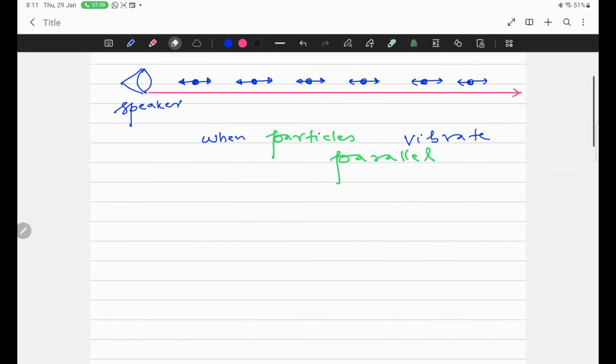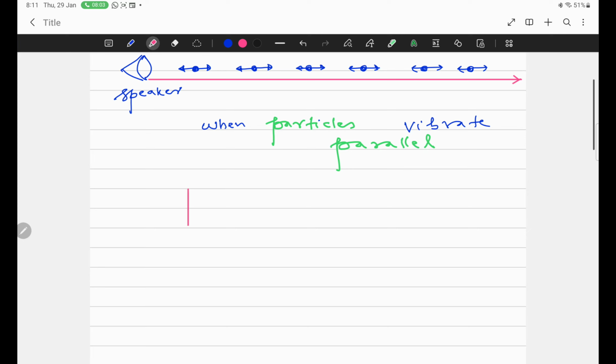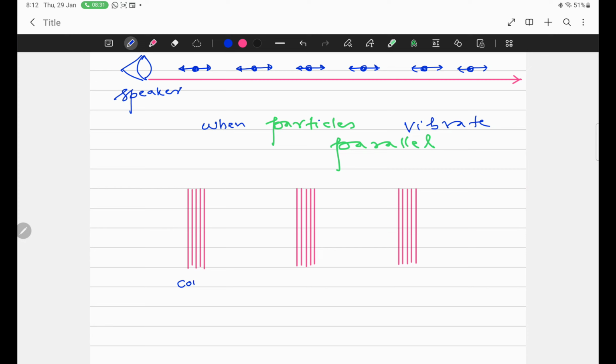But in your IGCSE, I have seen the diagrams which are given in exams. They draw like this. If the lines are drawn very close to each other, it means it is the region where particles of the medium are very close to each other, and this region is called compression.